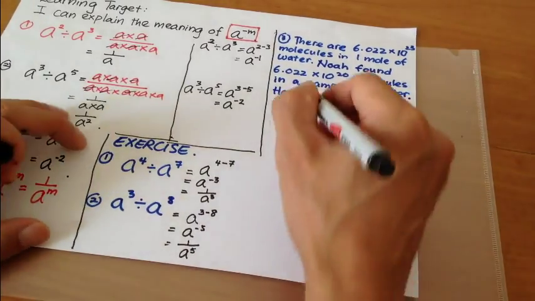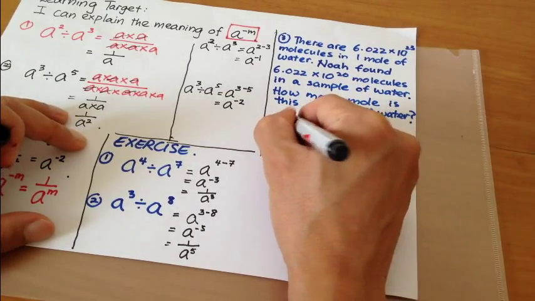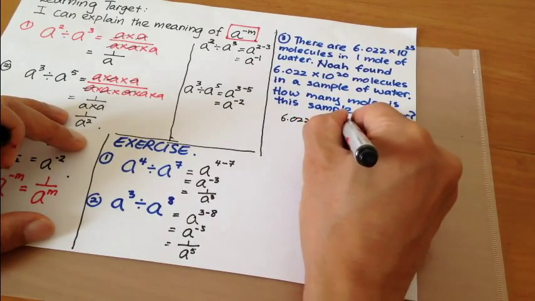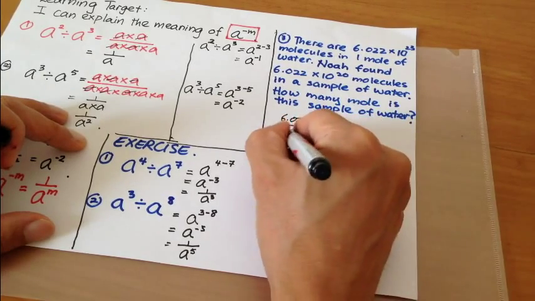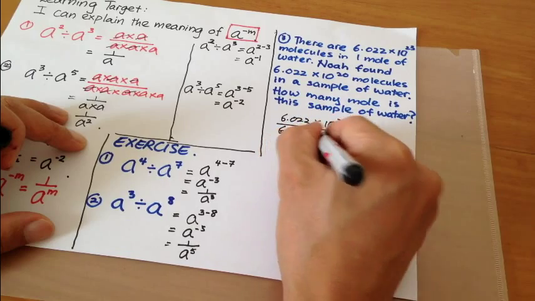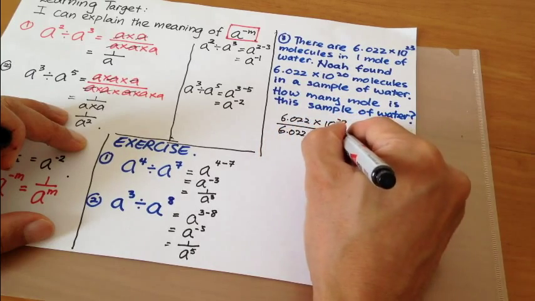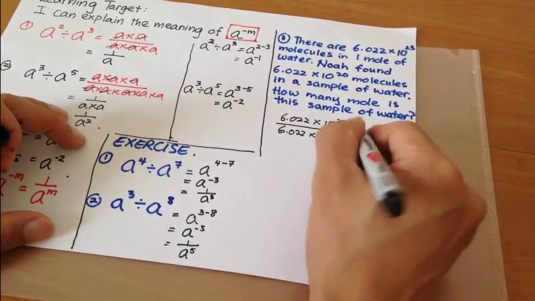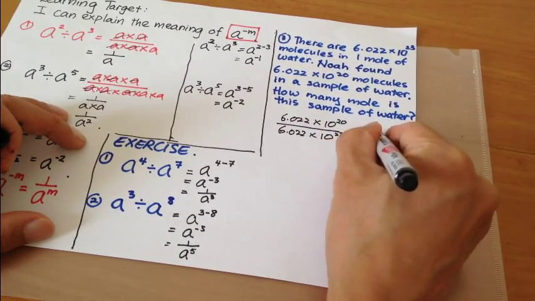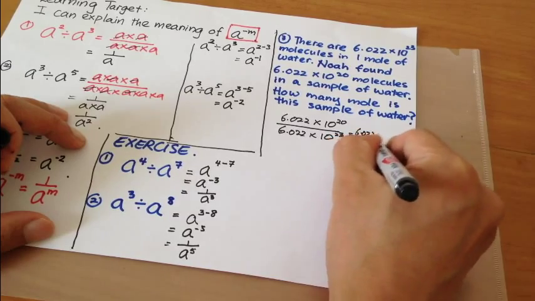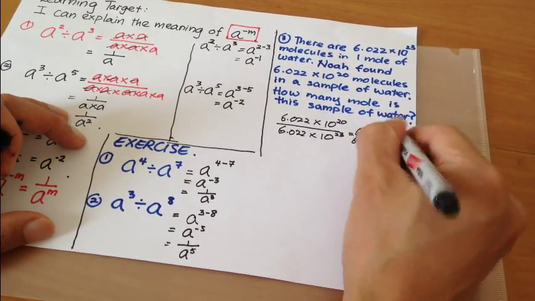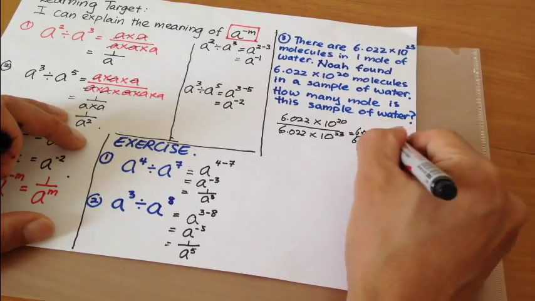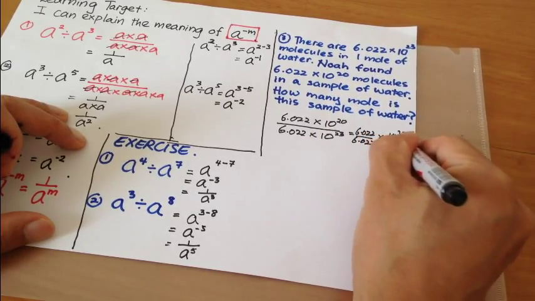Now, the next question is basically a chemistry problem. This question is just 6.022 times 10 to the power of 20 divided by 6.022 times 10 to the power of 23. If you do that, you'll find that 6.022 divided by 6.022, because we have to separate the number from the exponent, and 10 to the power of 20 divided by 10 to the power of 23.